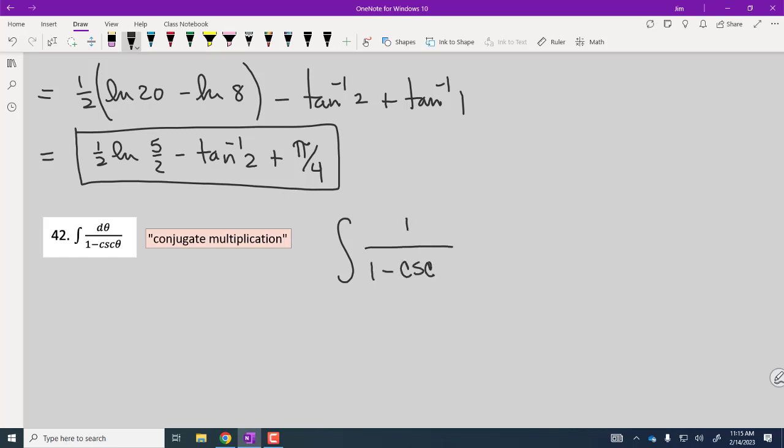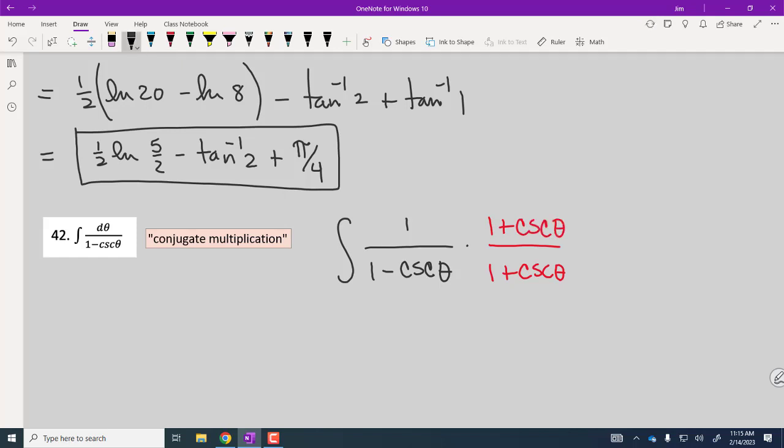expression, and we know that with the trig functions, usually everything's squared. If we have things that are squared, we can use Pythagorean identities and make some changes. This is not a squared trig function, but we can make it a squared trig function if we multiply by its conjugate. So if we multiply the bottom by that conjugate, we have to multiply the top by that conjugate.